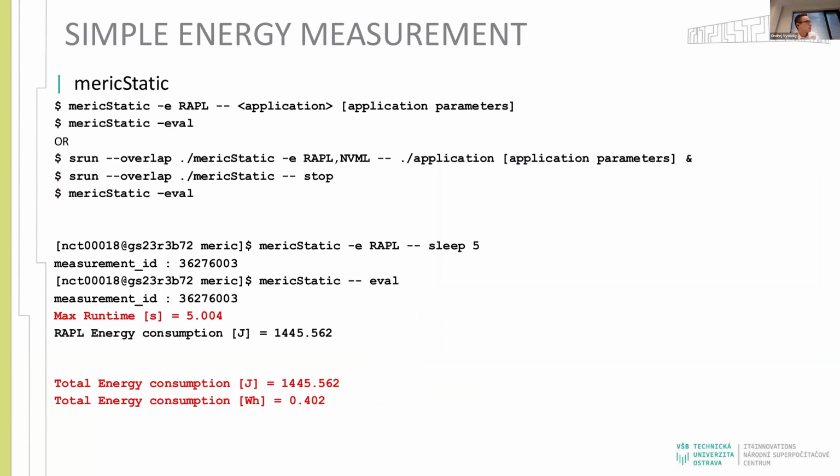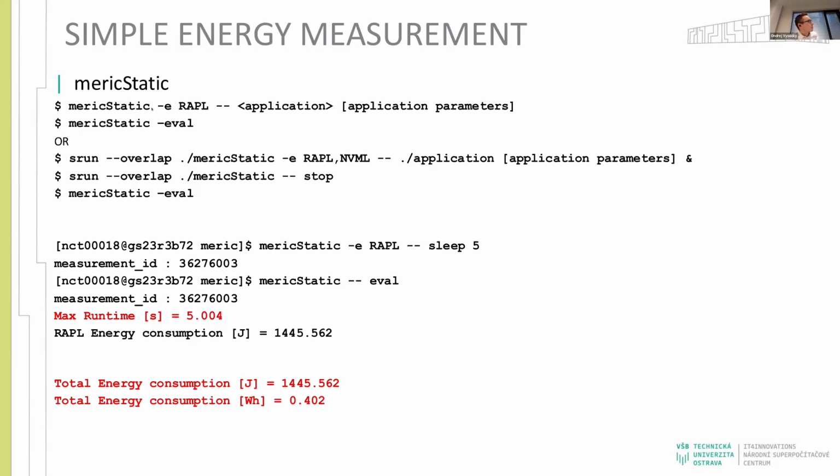Something that is not typically available through a single interface. Here it is. So there's a command line application, MERIC static, where you provide what kind of power monitoring system you want to use, and then you have the application and the application parameters.